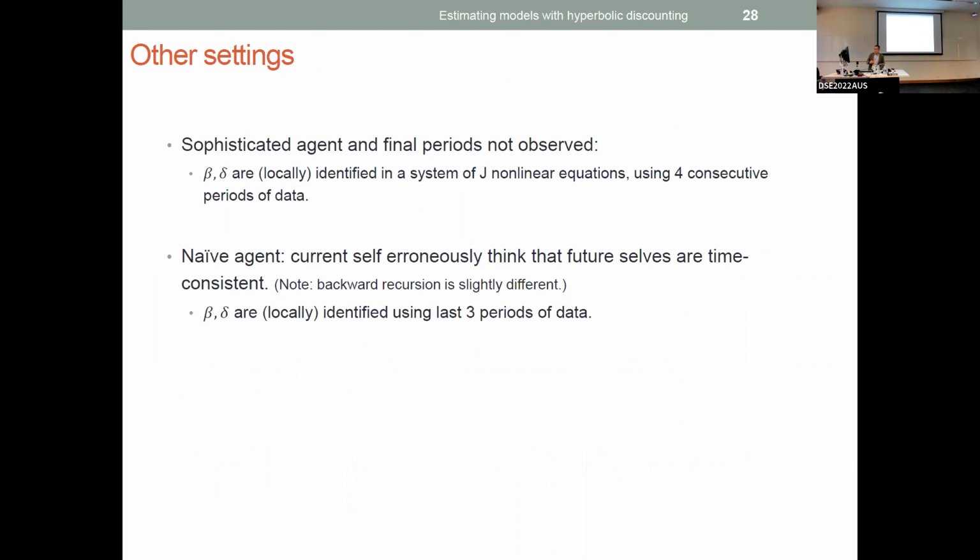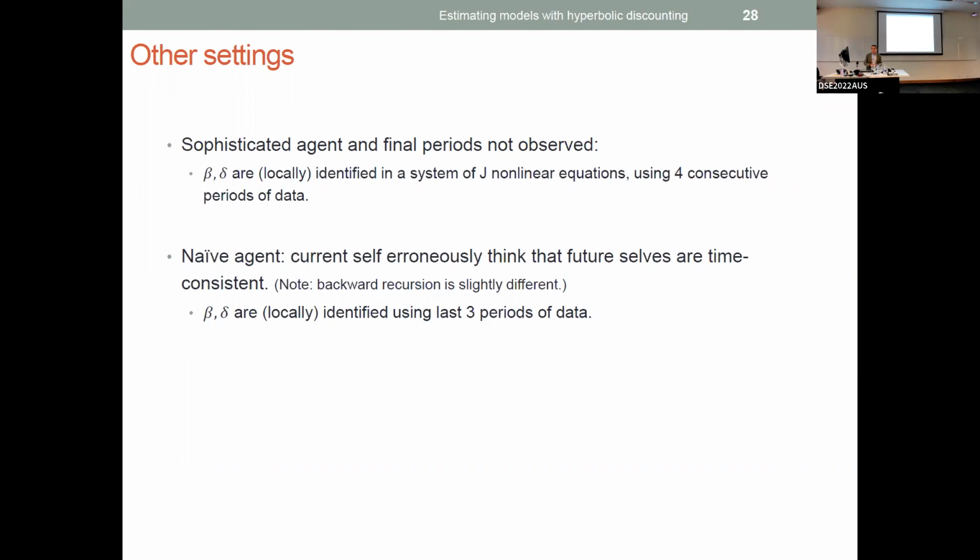And then instead of linear equations, you get nonlinear equations. So the parameters are only locally identified, and you need 4 consecutive periods of data. And the complication comes from the lack of the terminal period. The terminal period gives you a lot of information on identifying the flow utilities.